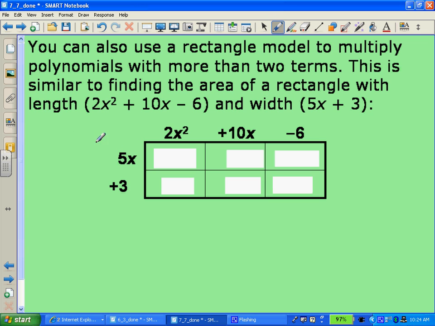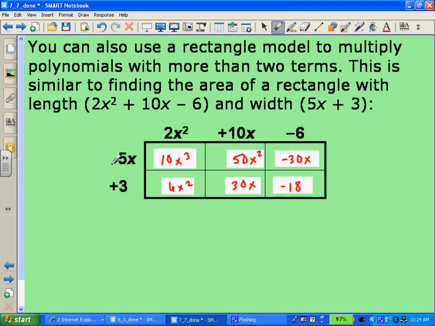I'll do 5x times 2x squared, which gives me 10x cubed. Then 5x times 10x is 50x squared, 5x times negative 6 is negative 30x. Then 3 times 2x squared is 6x squared, 3 times 10x is 30x, and 3 times negative 6 is negative 18.